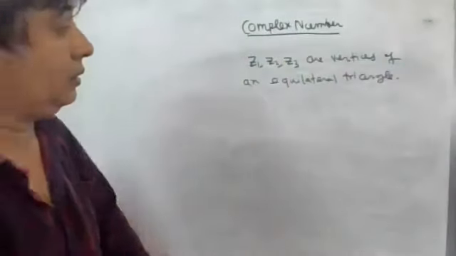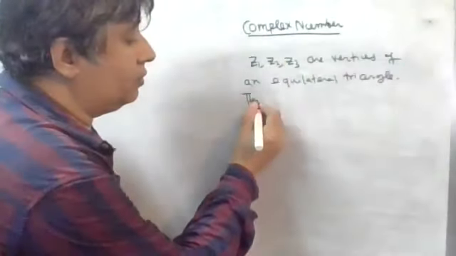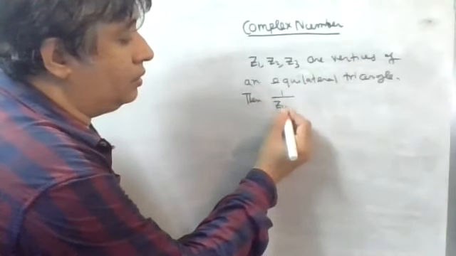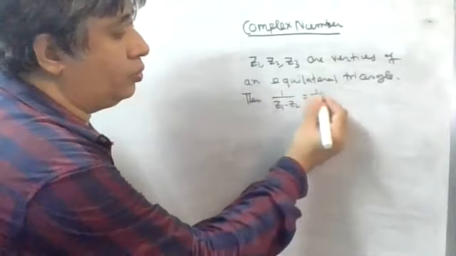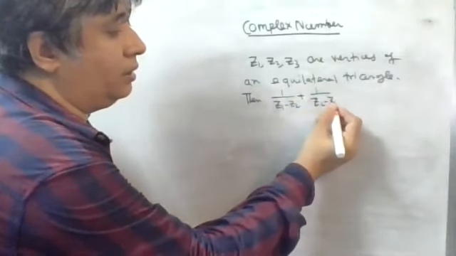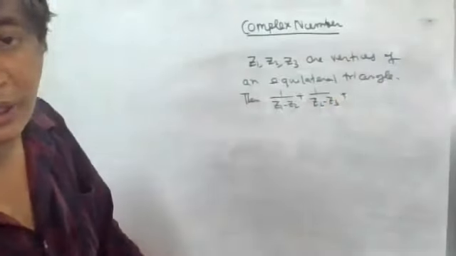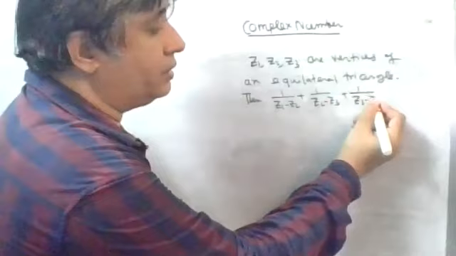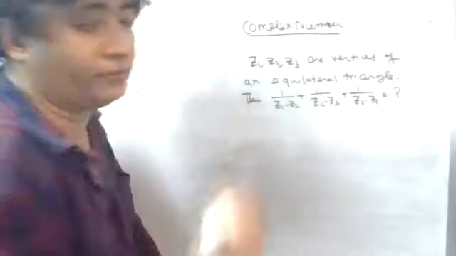Then 1 by Z1 minus Z2 plus 1 by Z2 minus Z3 plus 1 by Z3 minus Z1 is what?